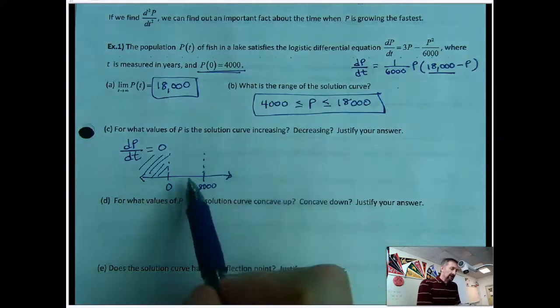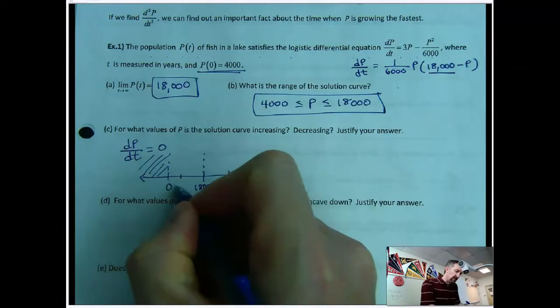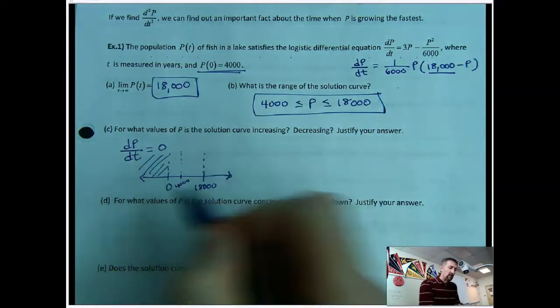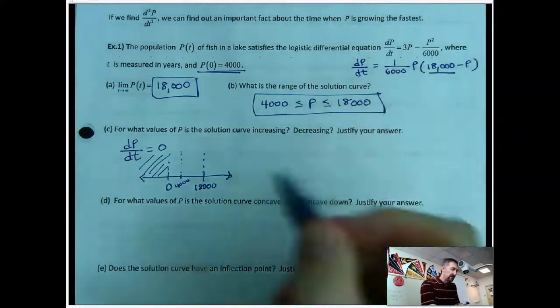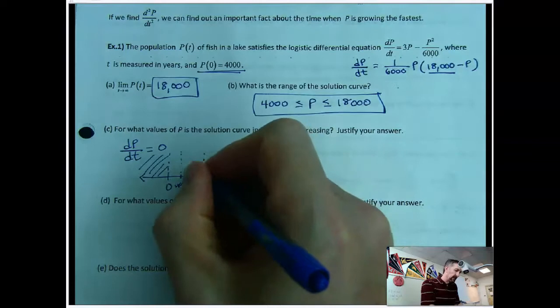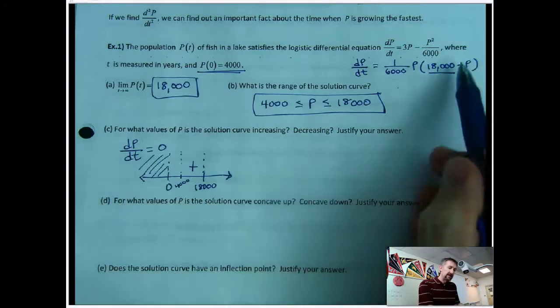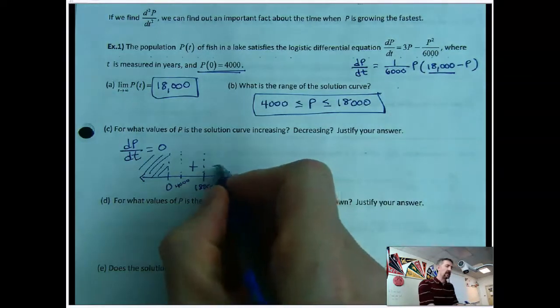So let's try 10,000, because we want to consider that 4,000 cutoff also, actually. So we put 10,000 in there. Those are both going to be positive. And then if we put 19,000 in there, then this would be negative times a positive, so that would be negative.